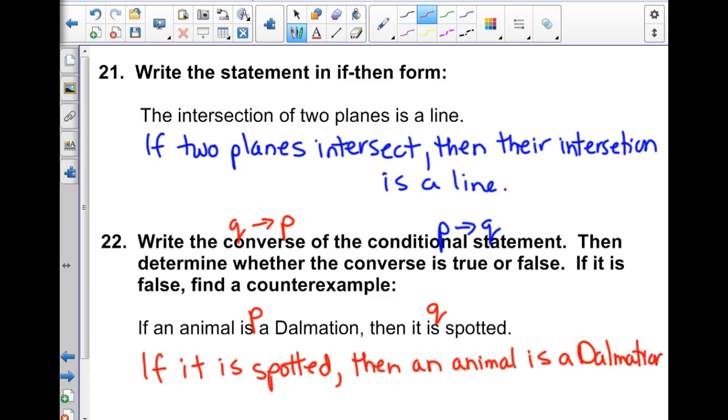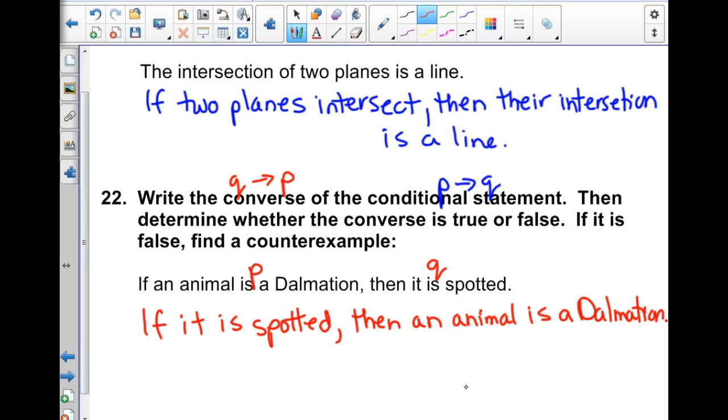A Dalmatian is a type of dog. Well, Dalmatians are spotted after they mature from being a puppy. They grow their spots. But is it true that if it's spotted, the animal is a Dalmatian? There are other animals, so you don't want to write down just false.